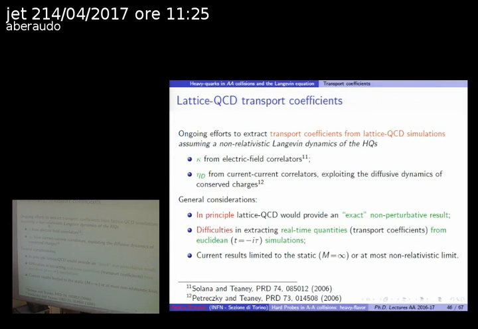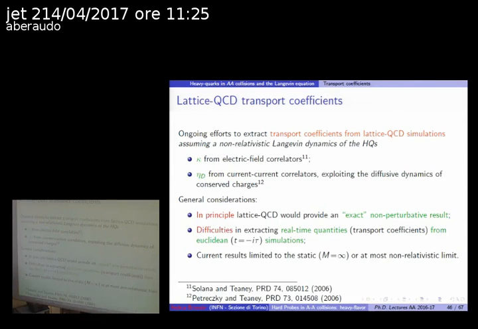Now, the other possibility is to try to evaluate transport coefficients from lattice QCD simulations. Clearly, we must mention that there are some difficulties, and the major difficulty is due to the fact that transport coefficients are real-time quantities, while lattice simulations are performed in a Euclidean space-time.